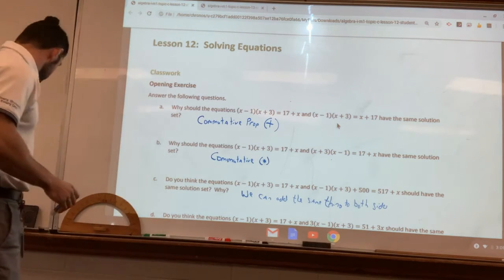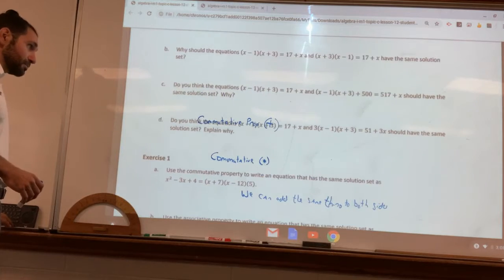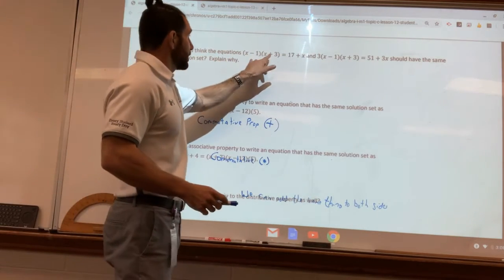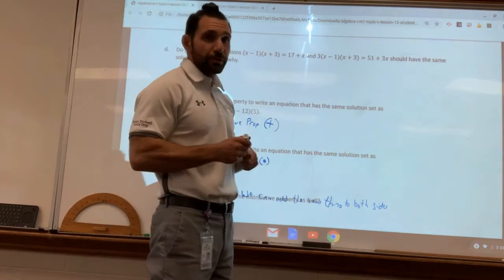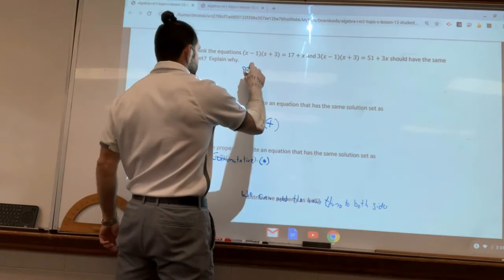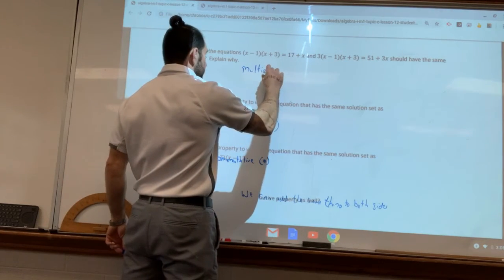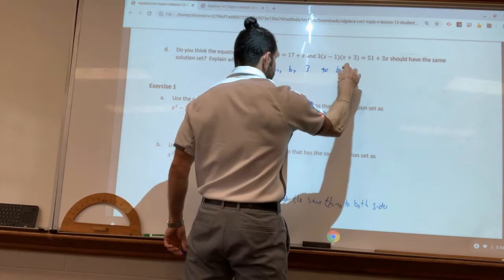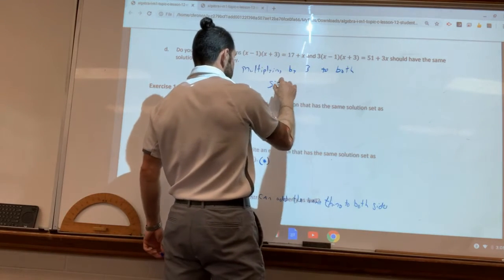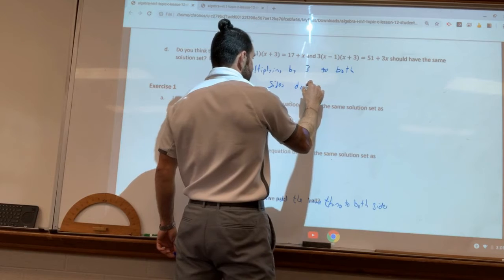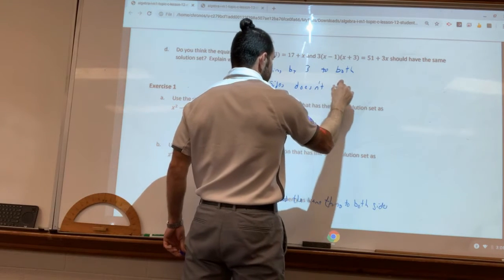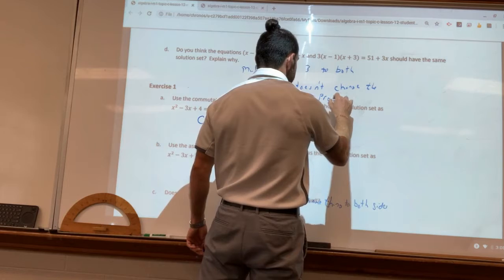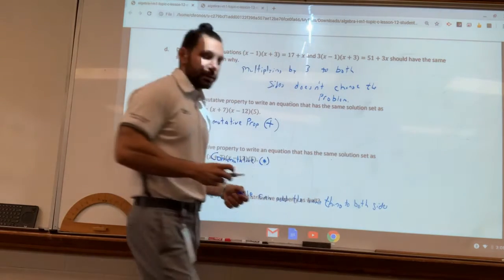Same deal with the last one. Do you think these equations are the same? 17 plus x. In this case, what are we doing? Well, we're multiplying by 3 to both sides, and that does not change the problem. They are still equivalent.